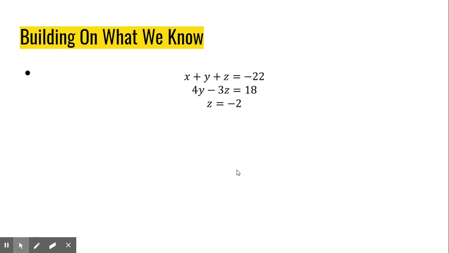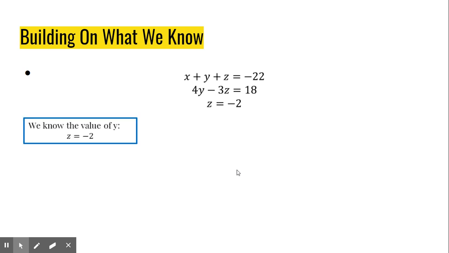But in Algebra 2, we are focused on systems that have three equations and three variables. Like this system right here, we have added x into the mix. But still, we can see that z is equal to -2. So we can use what we already know, since we know that z is equal to -2.